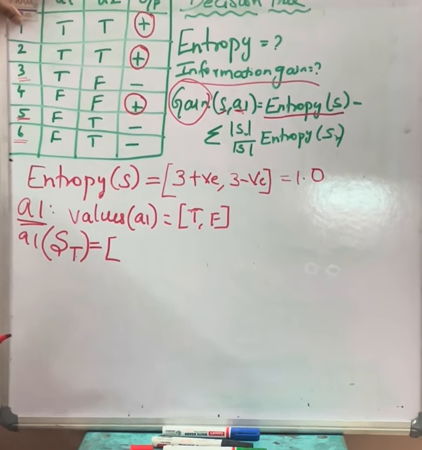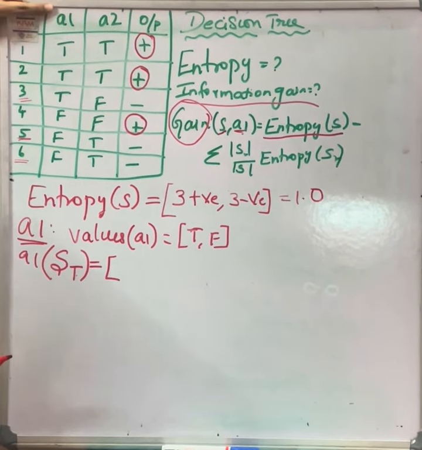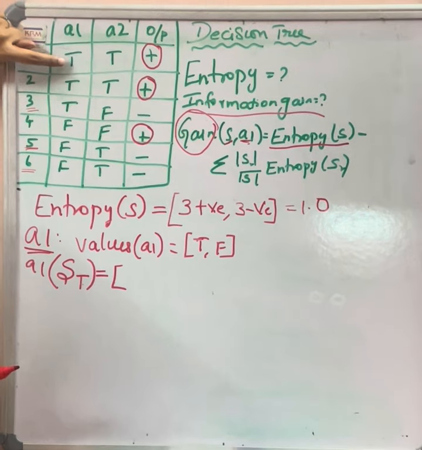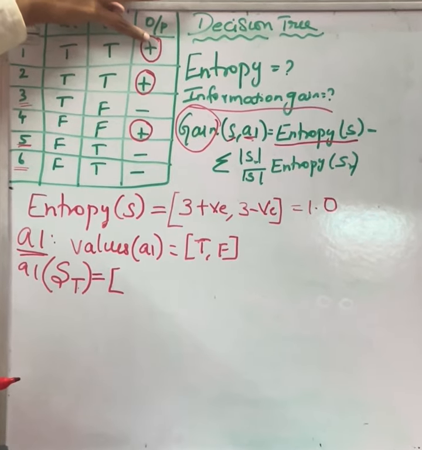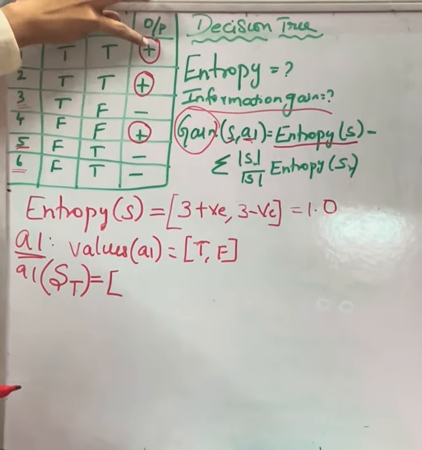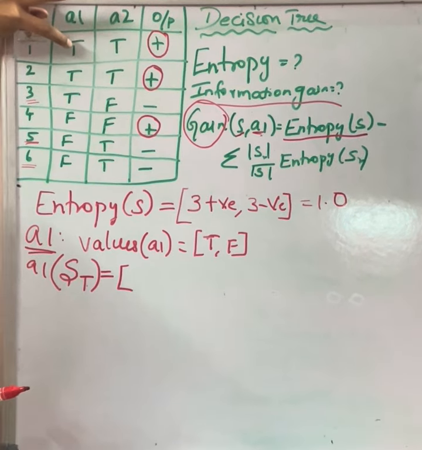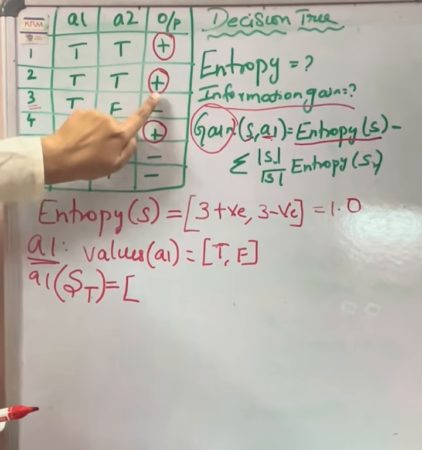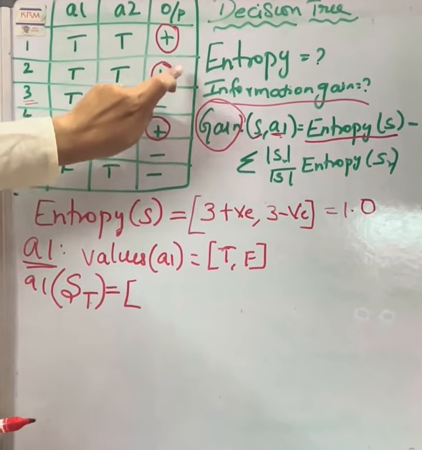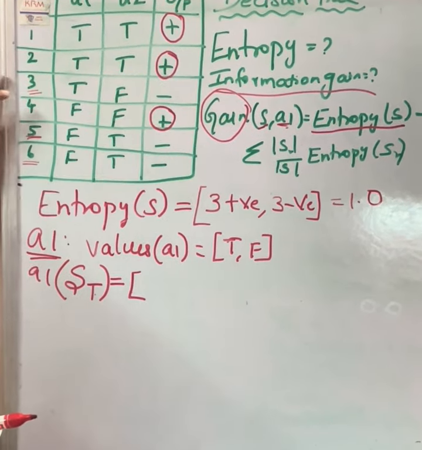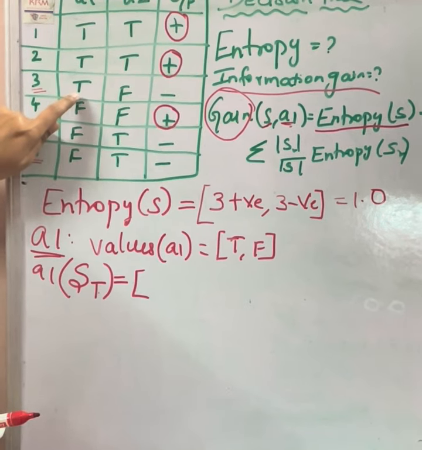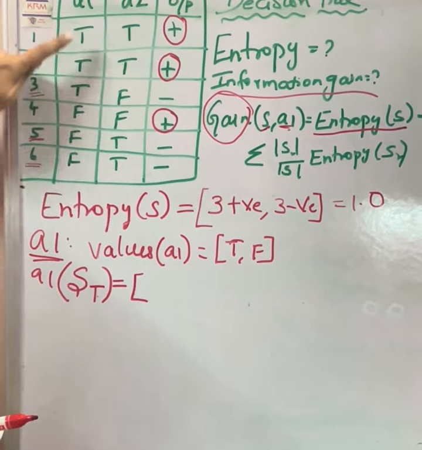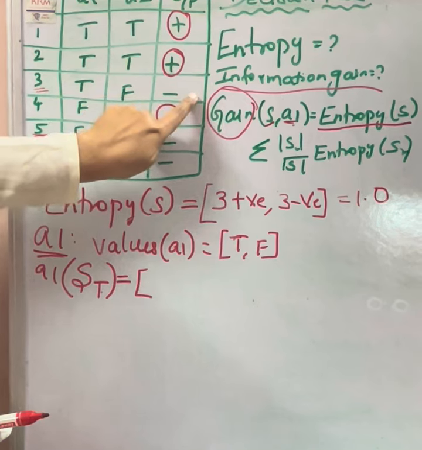Let us check with the sample 1. In sample 1 I have true value in A1. This is contributing positively. So I have one positive contribution from A1, and for the second sample A1 value is true. Here also it is positively contributing. So we have two positive contributions, and next we have one true value here from A1 which is negatively contributing.